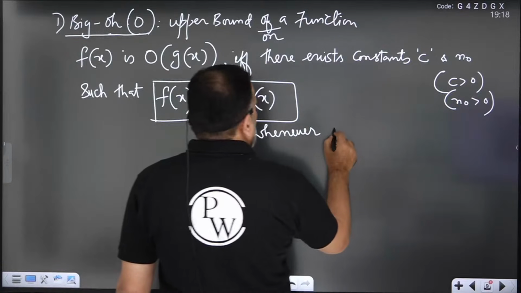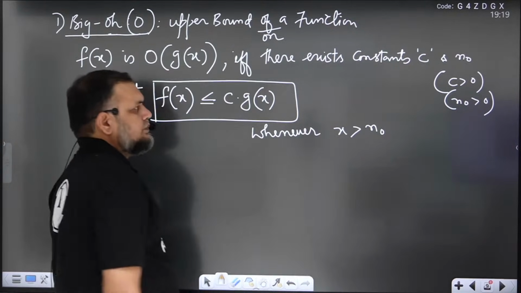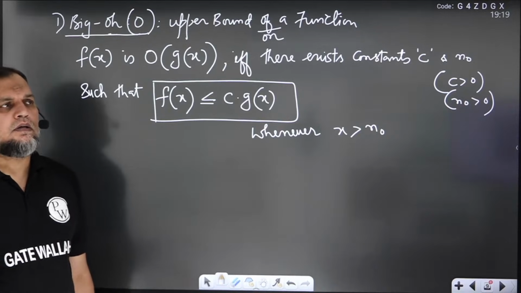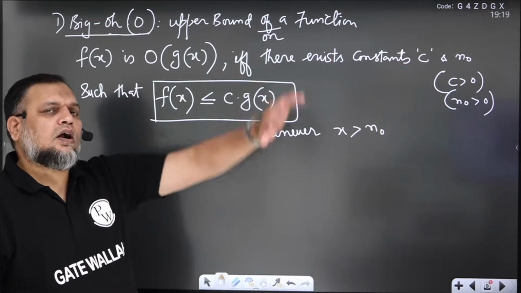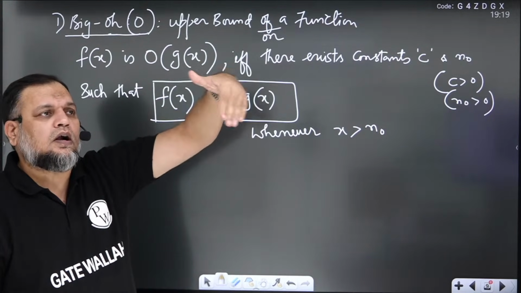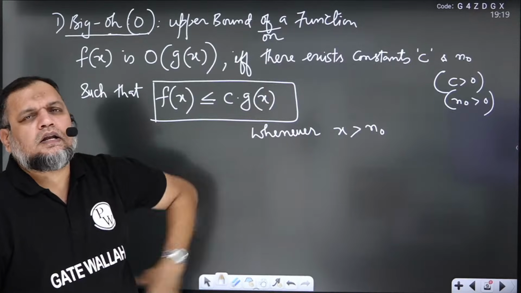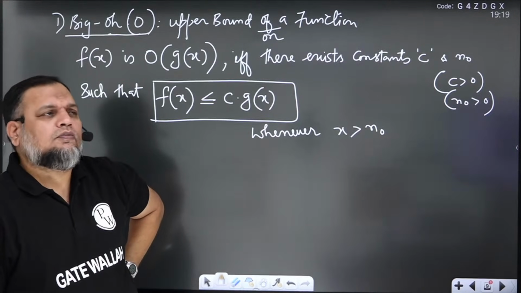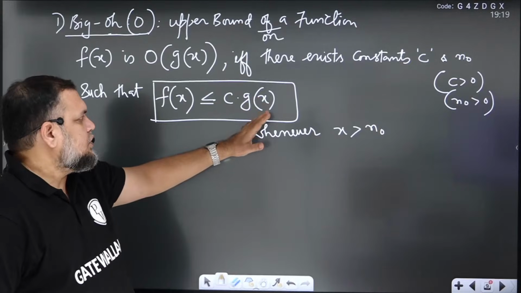Whenever x is greater than n naught, starting from threshold n naught up to infinity, that is the meaning of asymptotic, if this inequality is satisfied, then I can claim that f of x is order of g of x. F of x should be less than or equal to c times g of x.